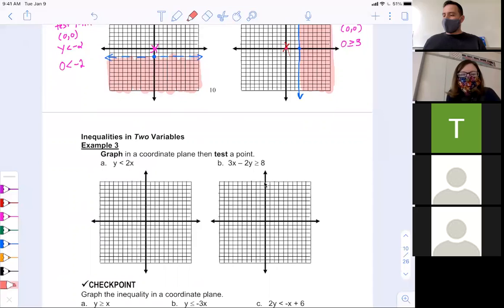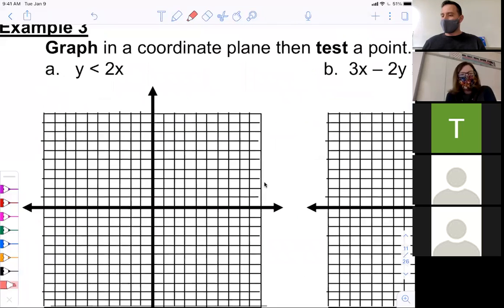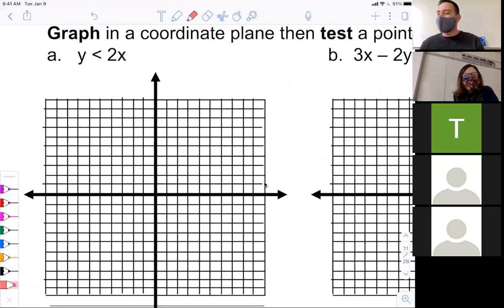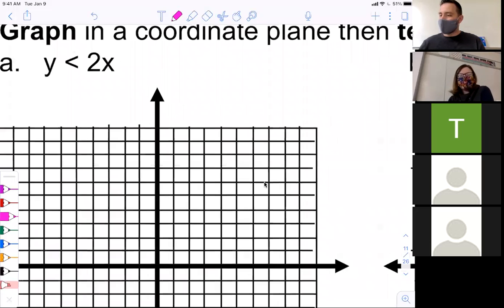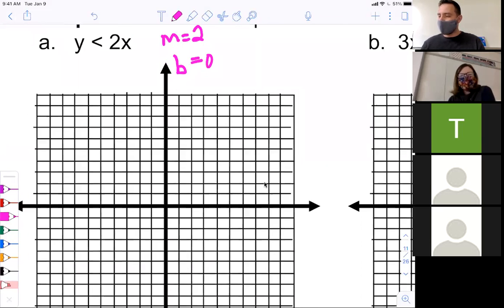Perfect. Okay, so now we're going to look at 2 examples here. And we're going to graph just as if this was in y equals mx plus b form. Remember, if this was y equals mx plus b, our slope would be 2 and our y-intercept would be 0. So we're going to graph it the same way.